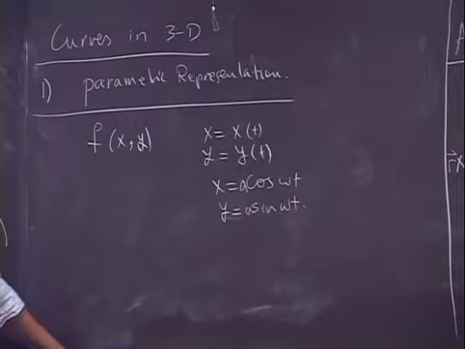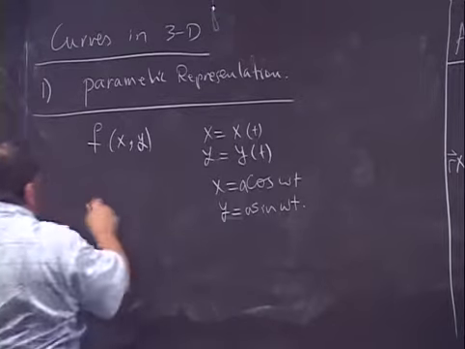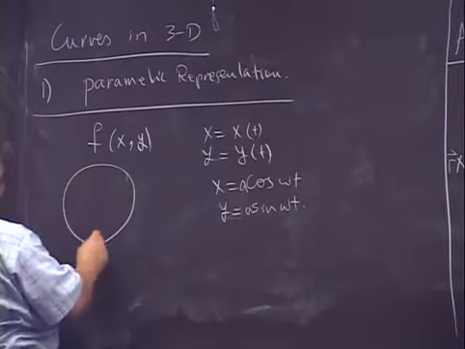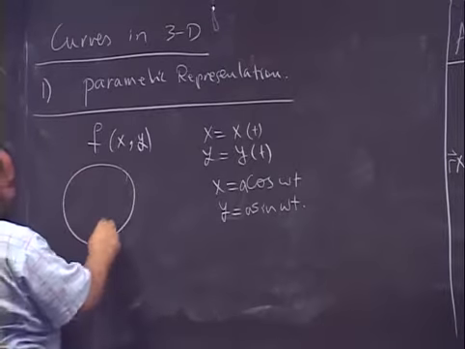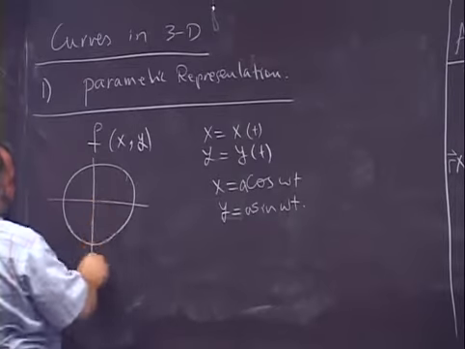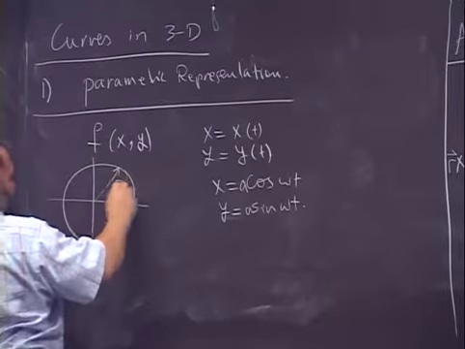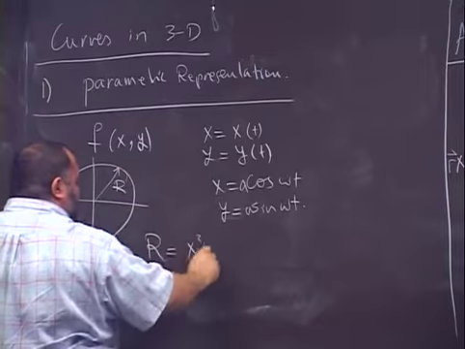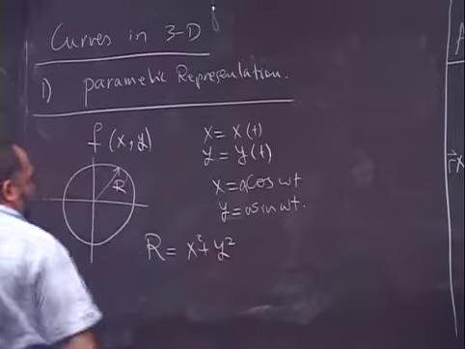So if you want to get a circular motion, you can define a circle as what? A circle has a radius r, and you can define r as what? x squared plus what? Plus y squared.